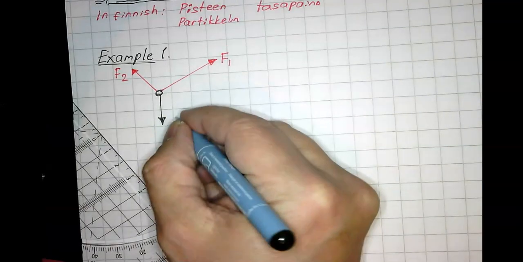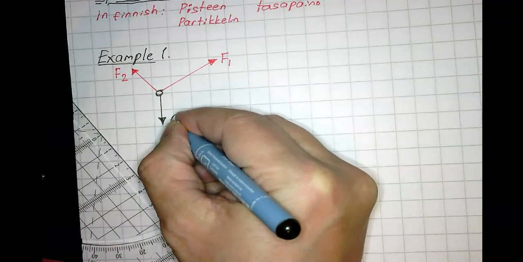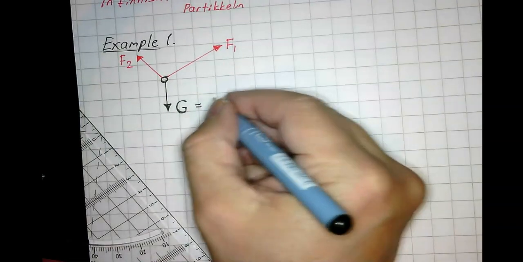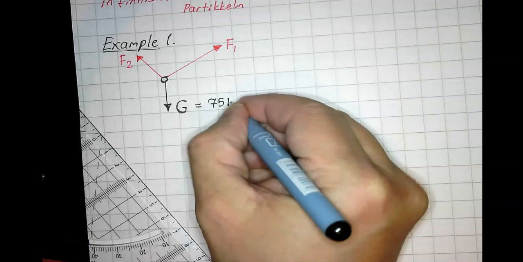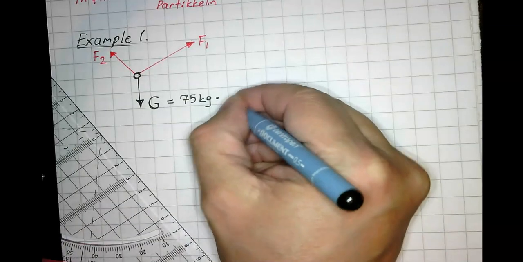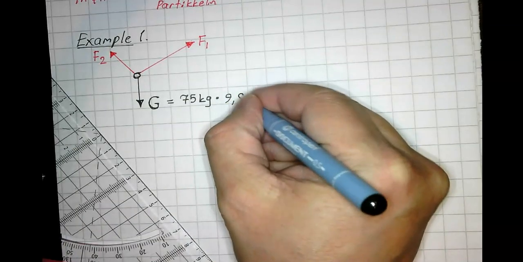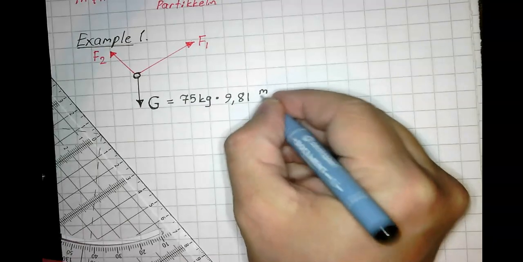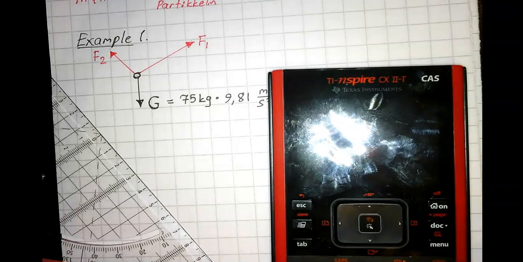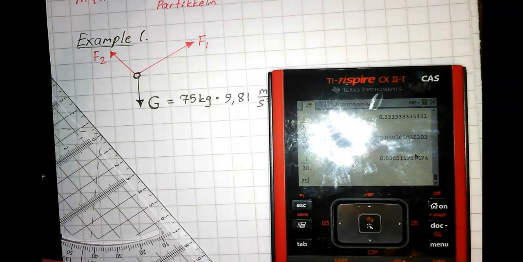We know that it is 75 kilograms. This force I will call with the uppercase G, and to get the value of force, we must multiply that with the free fall acceleration, with this number. Let's check what is the value of that.